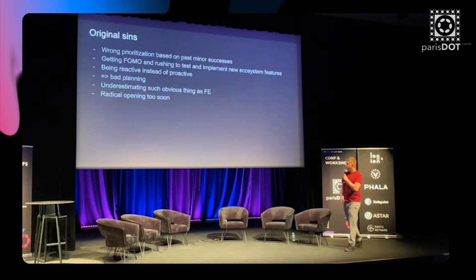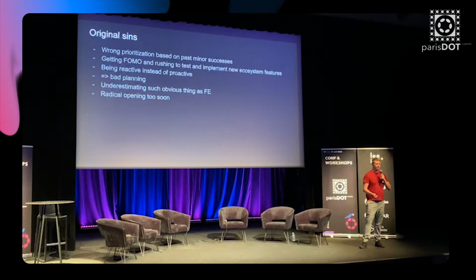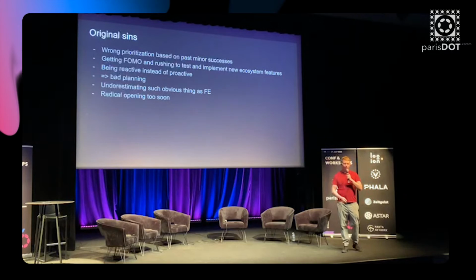So that led to a bizarre situation where we underestimated such an obvious thing as a front end. But why? Again, because we were developing Omnipool, which at that time was a unique model for AMMs with some security concerns.